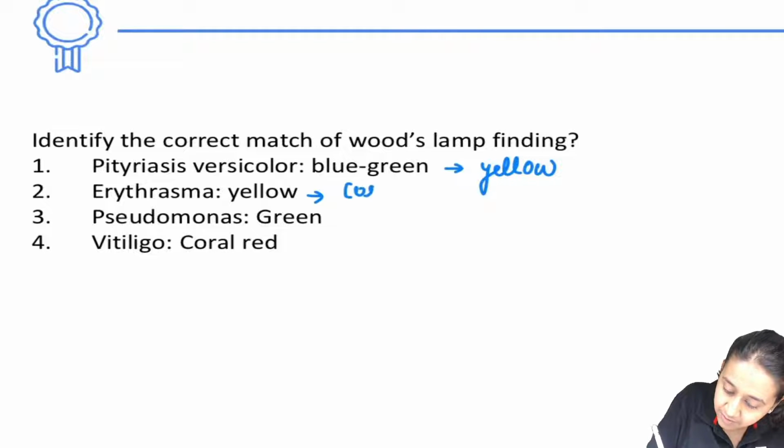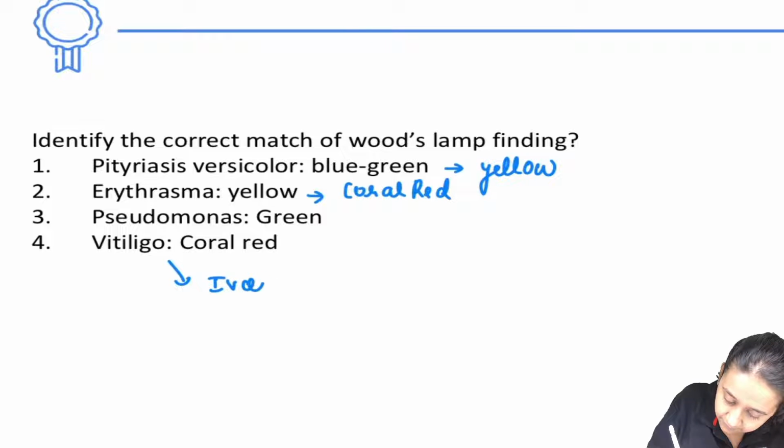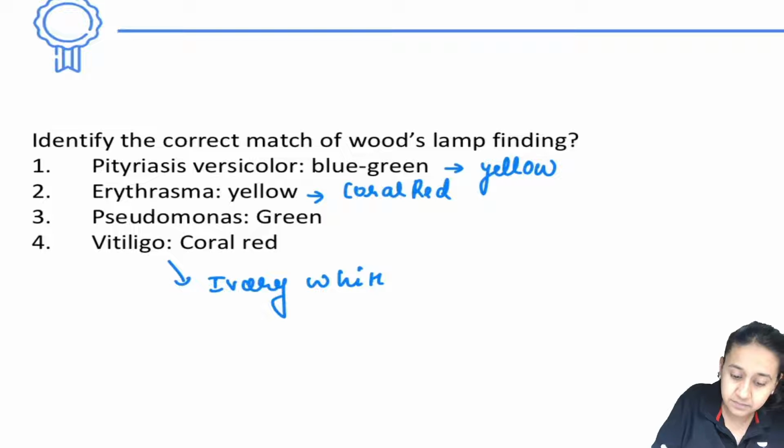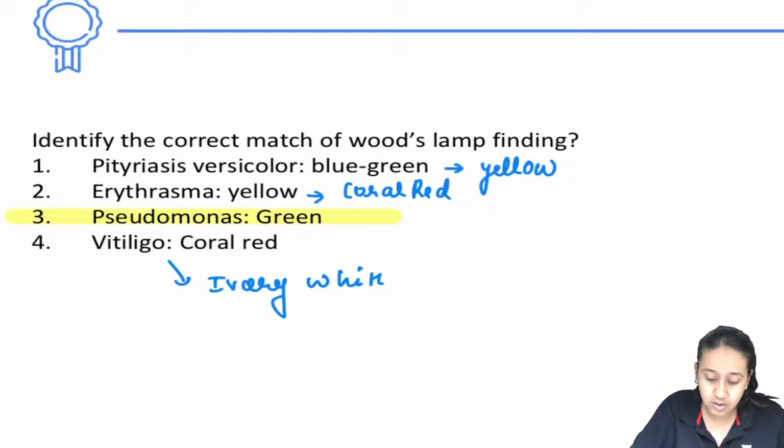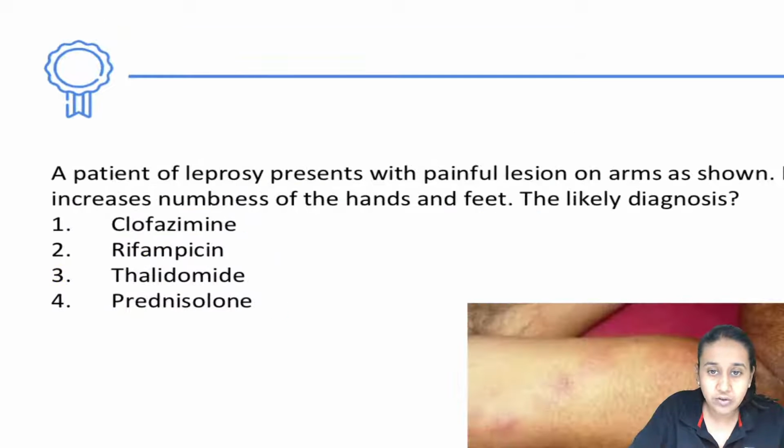Erythrasma is coral red, and vitiligo is ivory white. Pseudomonas green color is the only correct statement. Rest all are wrong. Clear everyone? Great. Moving to the next question.